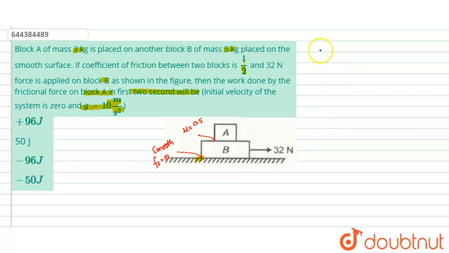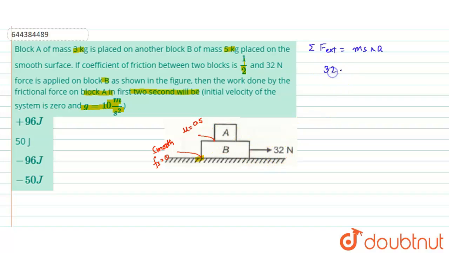The net external force on this system of masses is equal to the combined mass of the system times the acceleration of the system. Here the net external force on these two masses is simply 32 Newton.